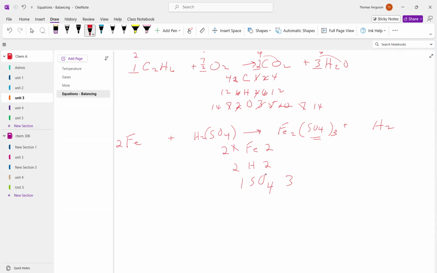What about SO4s? How can we make 3 SO4s on the left? Times 3. And that also brings up our hydrogens to 6. So our irons work, our sulfates work, hydrogens don't. How do we fix it? 3 on the right. Done. Now, you can also do this by separating out the S's and the O's. Works just fine. It just takes you longer to do it that way.